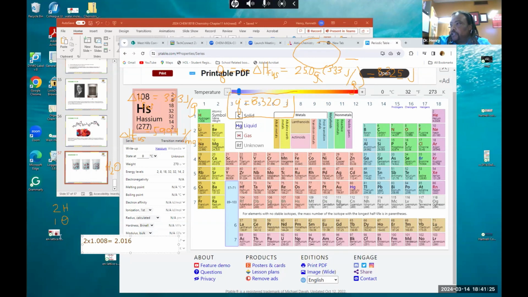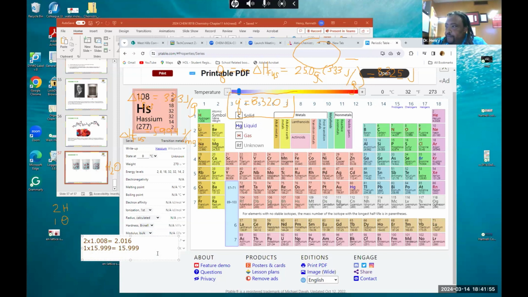And then for oxygen, what is the atomic mass for oxygen? 15.999. Yep. So we'll go 1 times 15.999, and that's going to be 15.999.